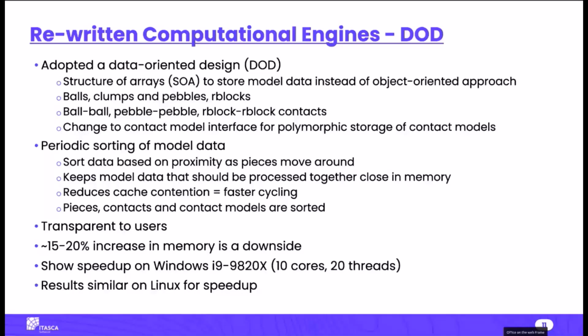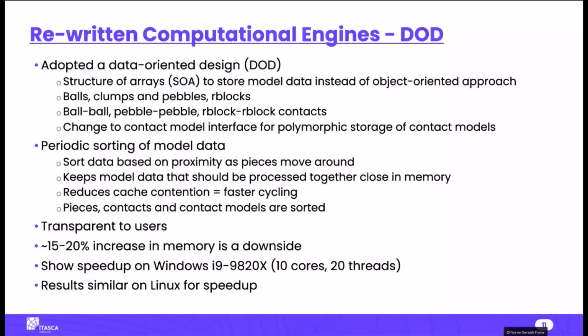And you'll say, well, why do I care how the data is stored in memory and if it's sorted? You care because for balls and clumps especially, the computations are bounded by memory bandwidth. So if you can keep the data you want to access close together in memory space. For instance, if you have two balls that are in contact with each other, one ball started in the lower left-hand corner of your model, one in the upper right-hand corner, they weren't created in the same memory space potentially.